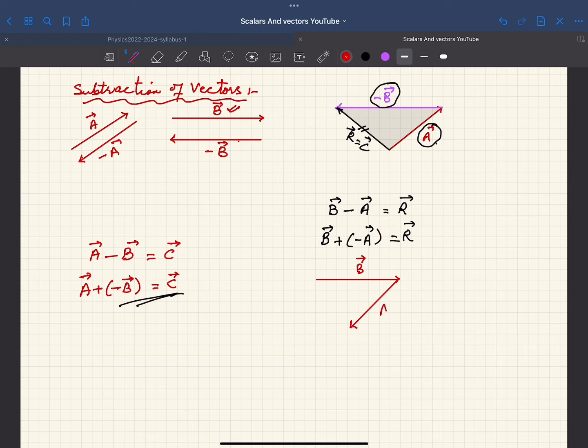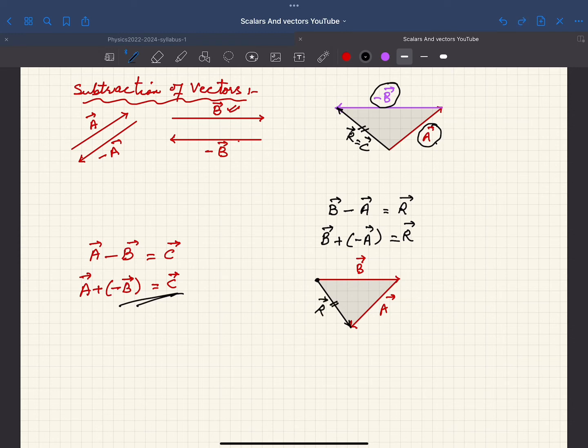We have this vector A. This time we are following this route, that this is B and this is A. So ultimately, what is the situation here? The resultant vector will be somewhere here, from the tail of the first vector to the head of the last vector, and this will be the resultant vector.